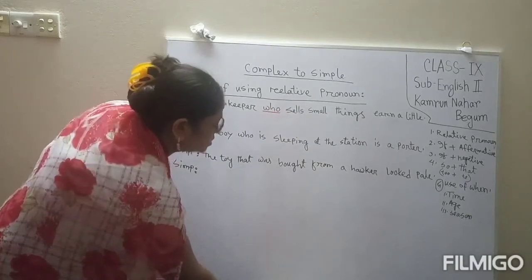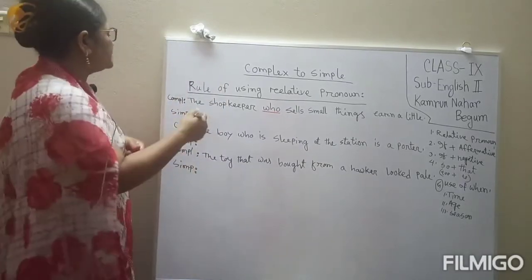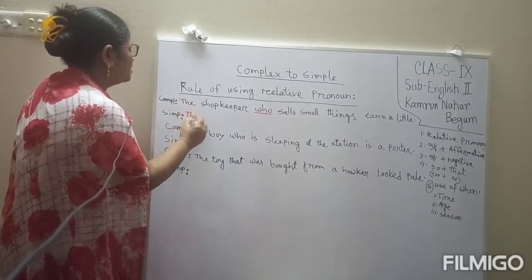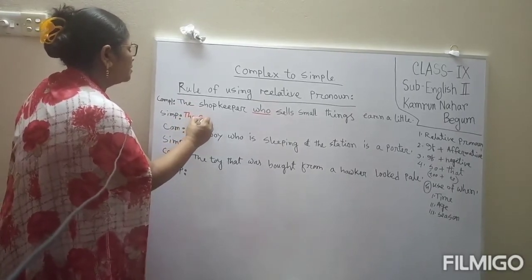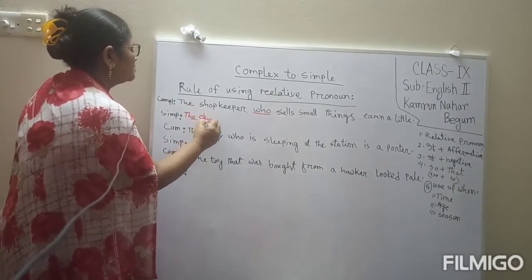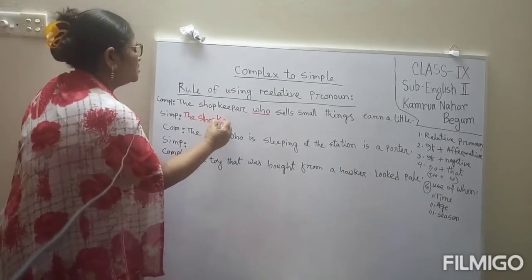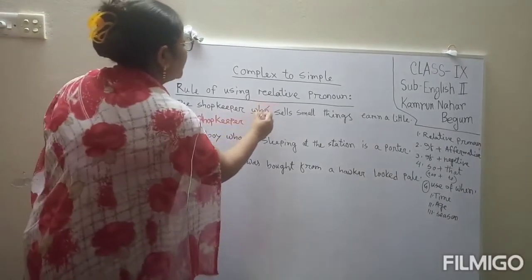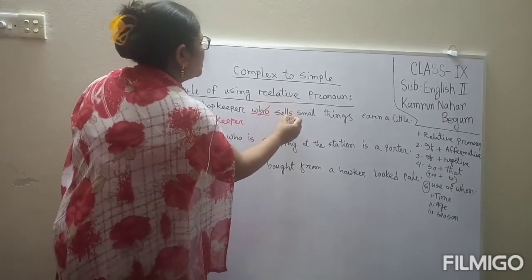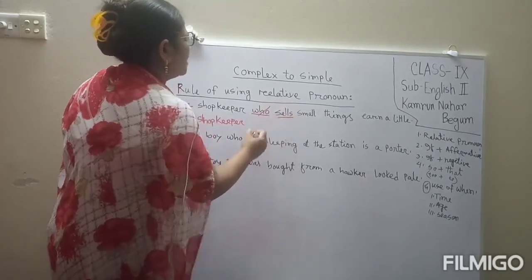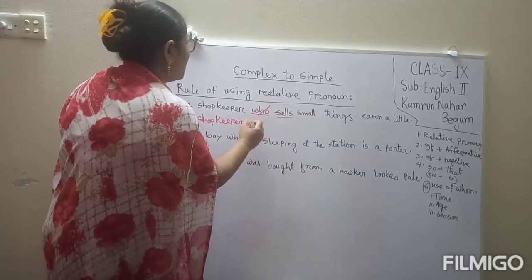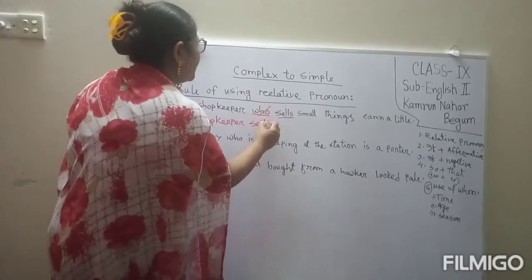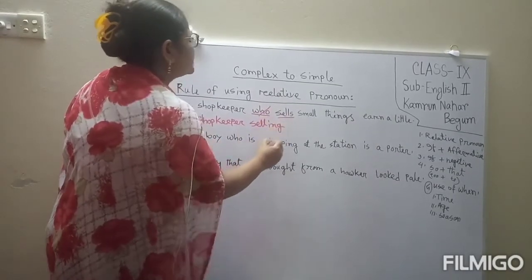What will be the simple sentence? Yes, write: The shopkeeper. Yes, the shopkeeper, who is vanished, and use ing after the main verb. Here the main verb is sell, add ing, selling.